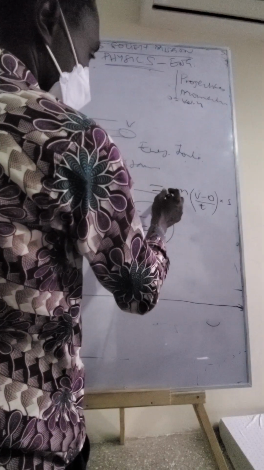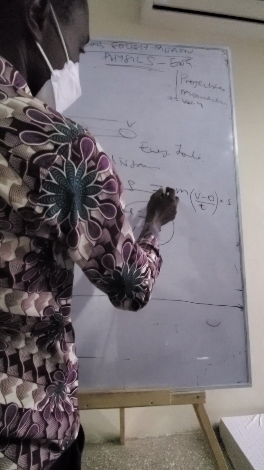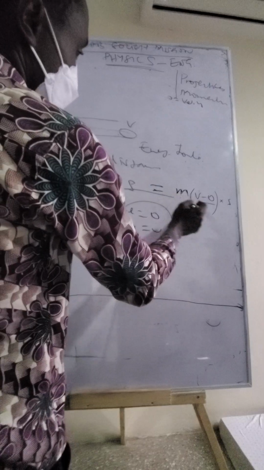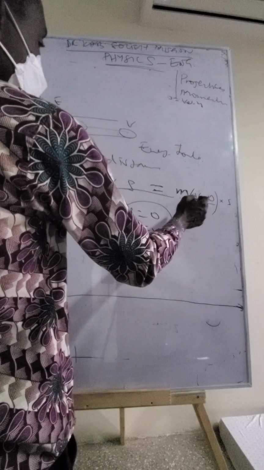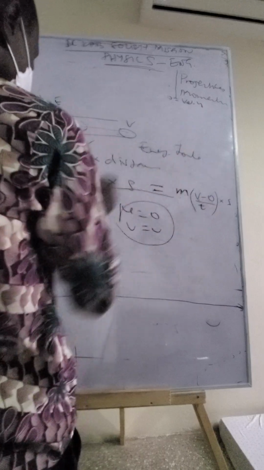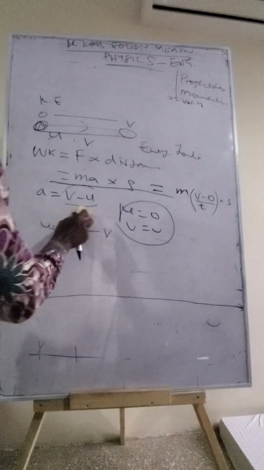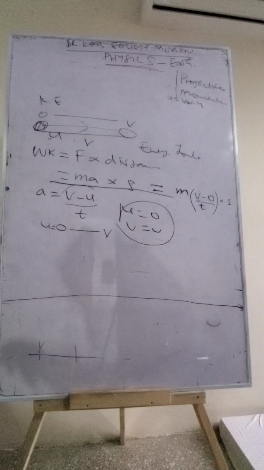Now what's going to happen? So we have a mass like that. This mass times the acceleration, which is final minus initial over t, divided by t, so we put it there.